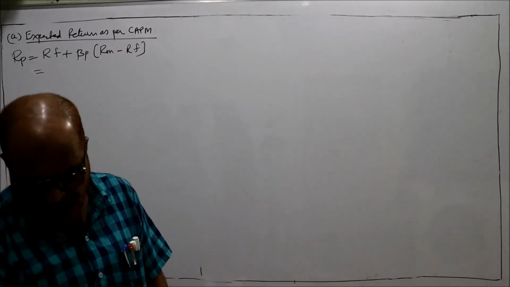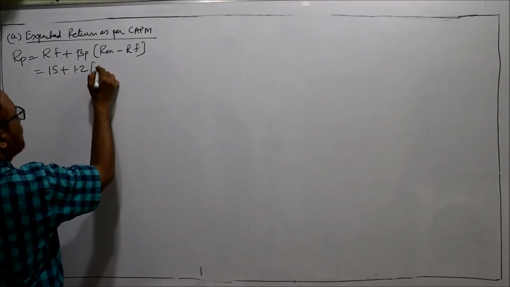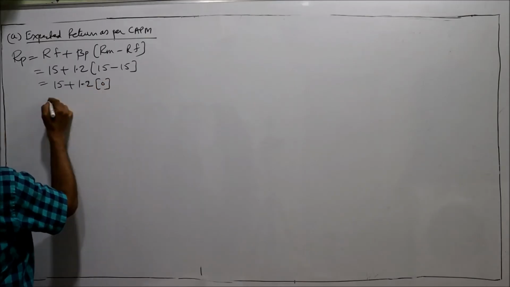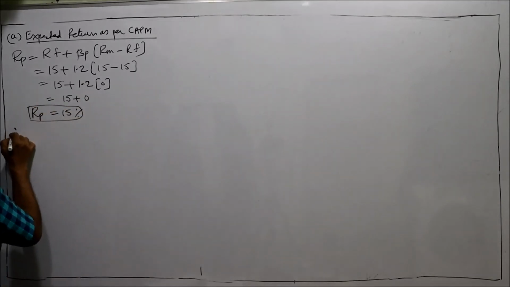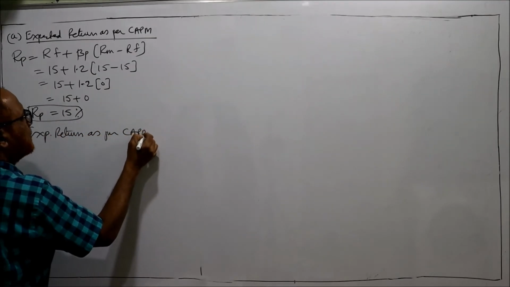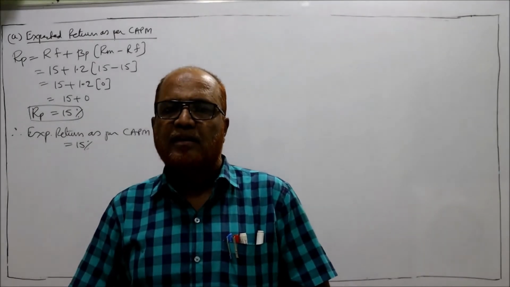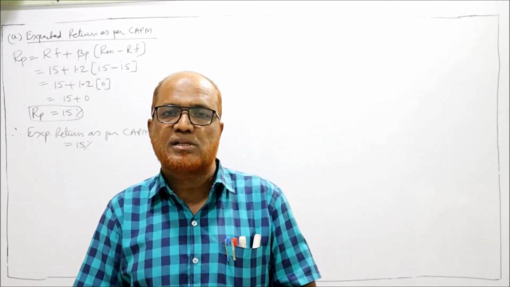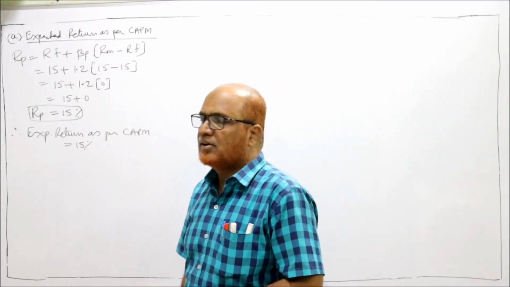What is the risk free rate of return? 15 plus 1.2 into what is the market return? 15 minus 15. Therefore, expected return as per CAPM is 15%. It is 15% because the market portfolio return is 15% and the risk free rate is also 15%. When the risk free rate and market rate are both equal, the CAPM return will also be 15%.